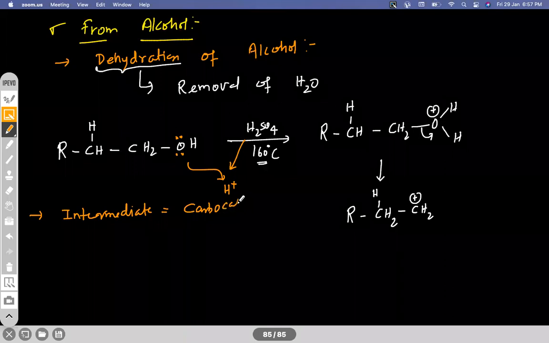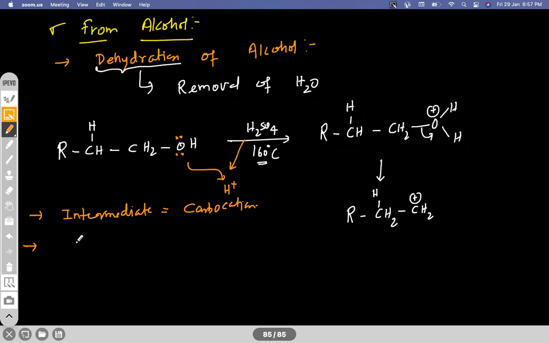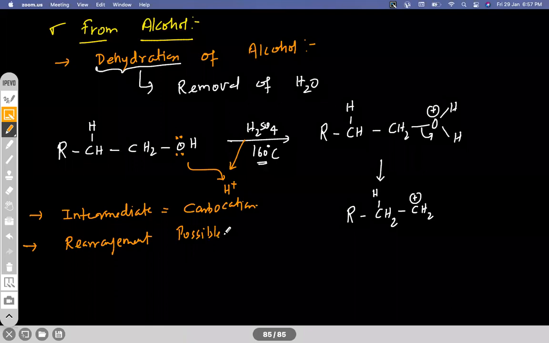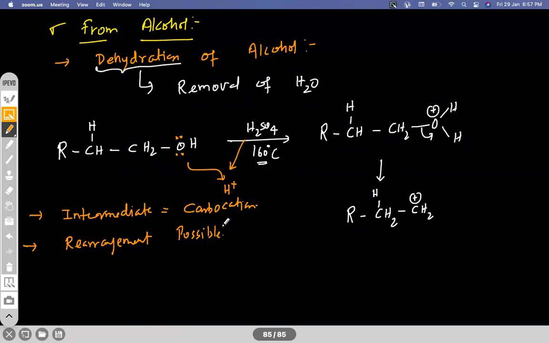When carbocation is the intermediate, we also see the stability of carbocation by rearrangement. So rearrangement of carbocation is possible, in order to get a more stable carbocation. How it happens, we'll discuss in detail later, but this is just an idea you must have. Okay. So here rearrangement is not possible.